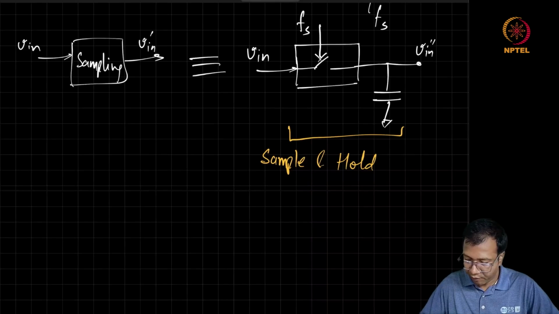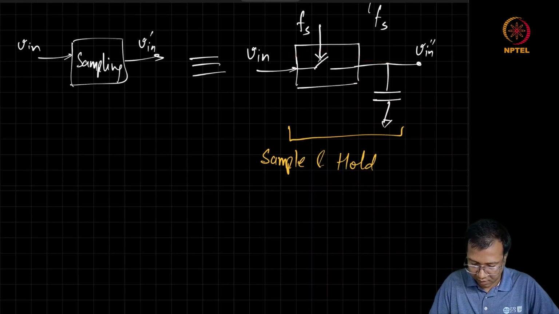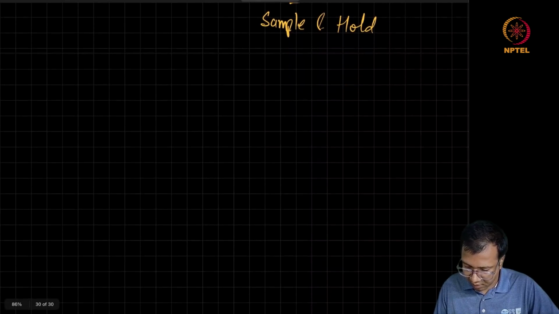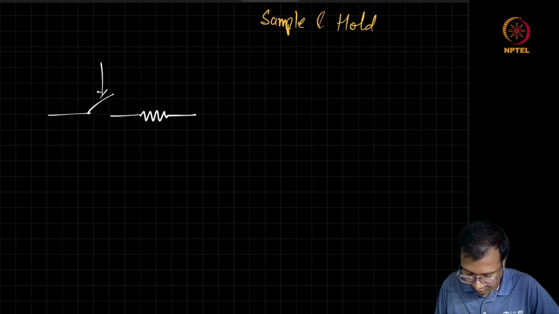So even though the sampling frequency, as we have seen, can be much lower than the input frequency, if we want the sampling operation to be perfect, then this V in at the time of sampling has to completely appear on the other side of the switch. And because of the non-ideality in these switches, this may not always be possible. The simplest non-ideality which we can all think of is the switch having an on resistance.